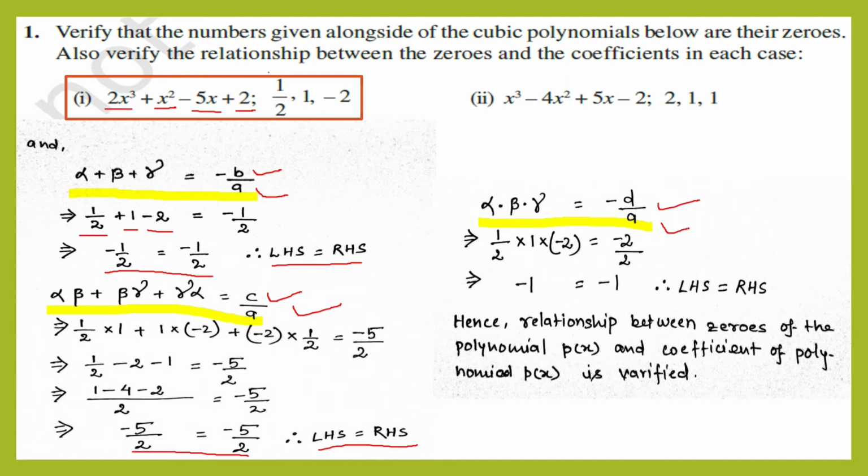You will again find that the value at both sides of the equation is equal, and hence LHS equal to RHS. Therefore, the third relationship is also verified. Hence, we can say that the relationship between zeros of the polynomial p of x and coefficients of the polynomial p of x is verified.